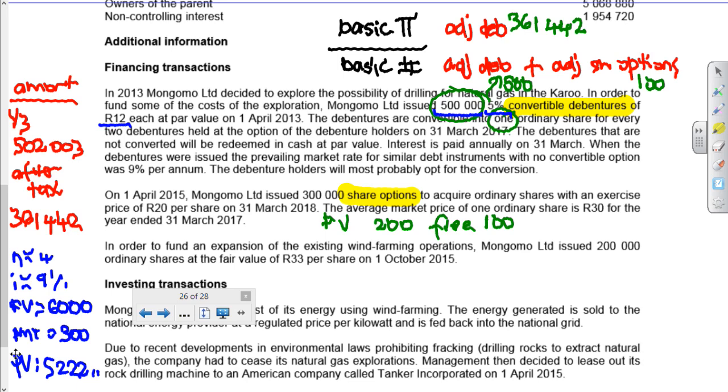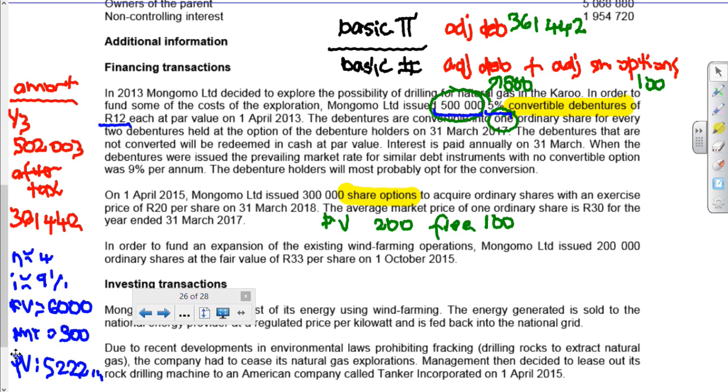We issued the debentures at March 13, so 14 is year 1, 15 is year 2, 16 is year 3. They were nice, they made the year end match the periods on the debentures.